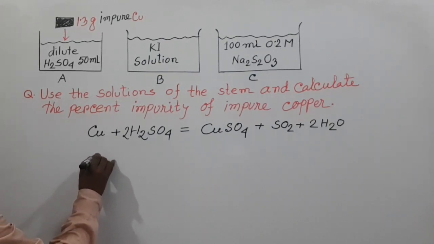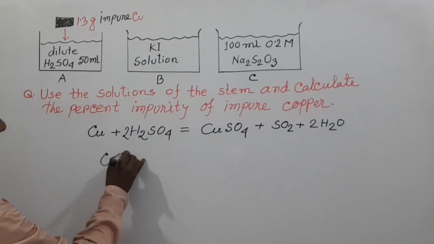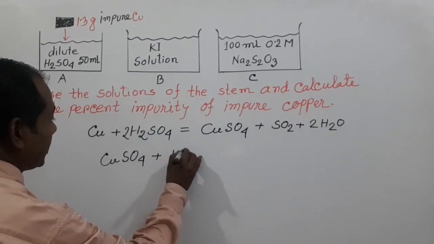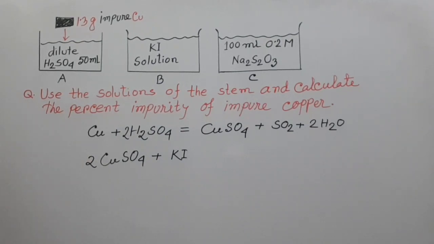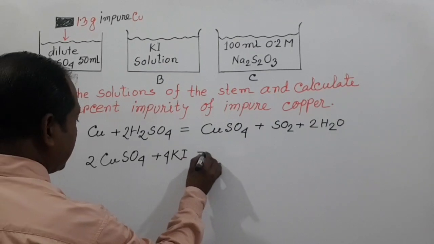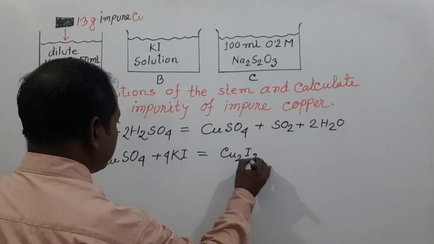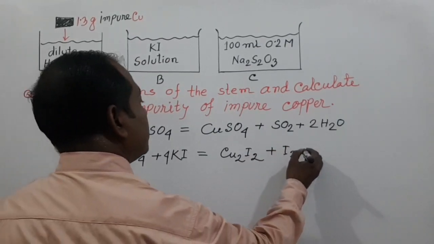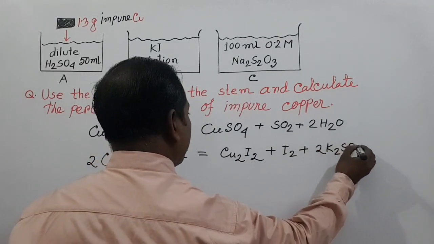here we write copper sulfate plus potassium iodide. Here 2 copper sulfate reacts with 4 potassium iodide and we get Cu2I2 plus iodine plus 2K2SO4.